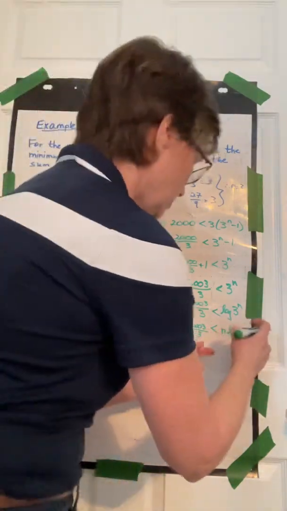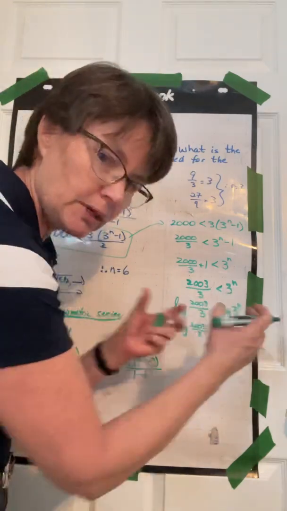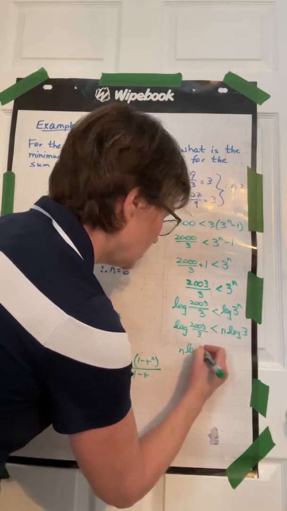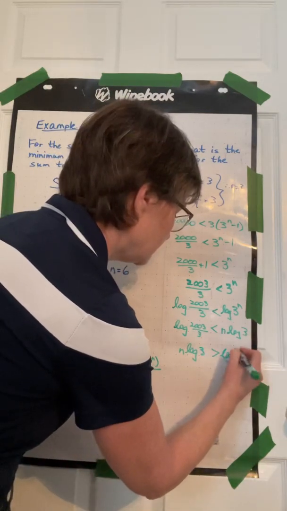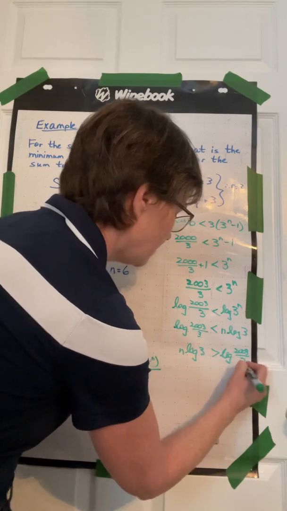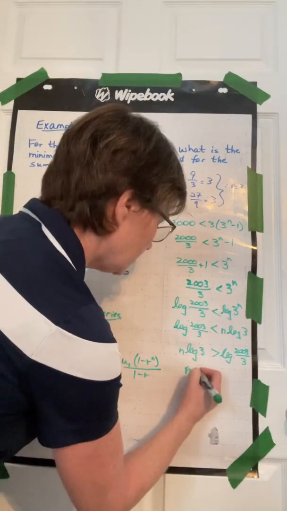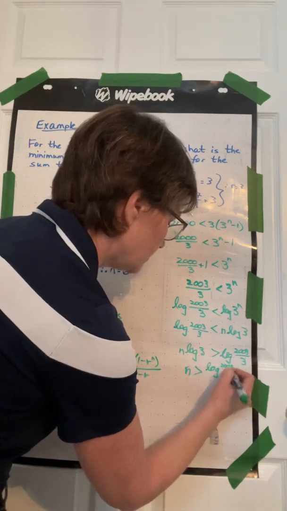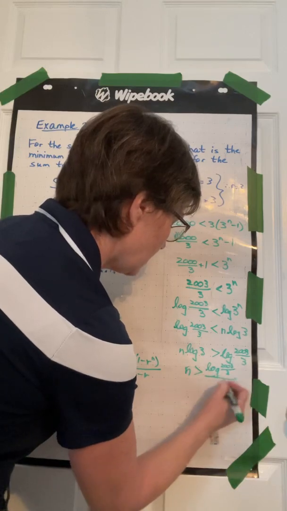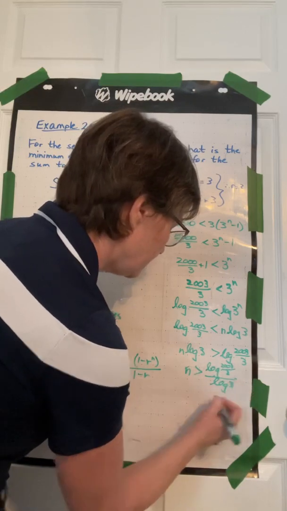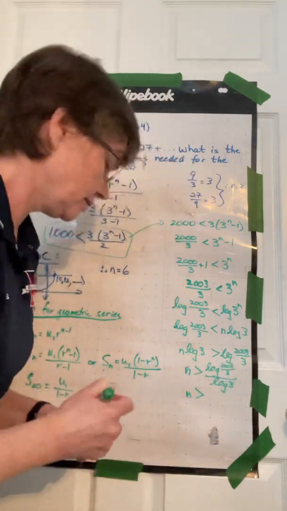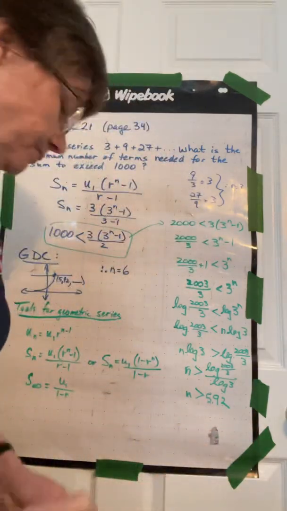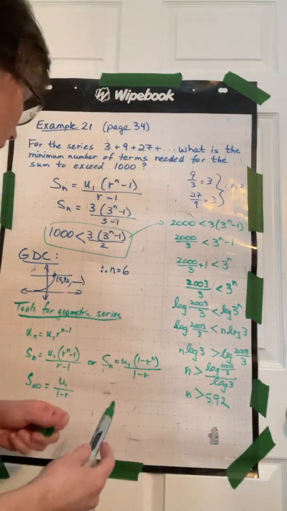And I'm going to trade sides with everything, which means also my inequality changes directions, because I like to have my unknown on this side. And that's good notation as well. Now to get n by itself, divide both sides by log 3. And when we poke that in our calculator, we're going to get 5.92 as well. Okay, same answer as we got graphically over here.